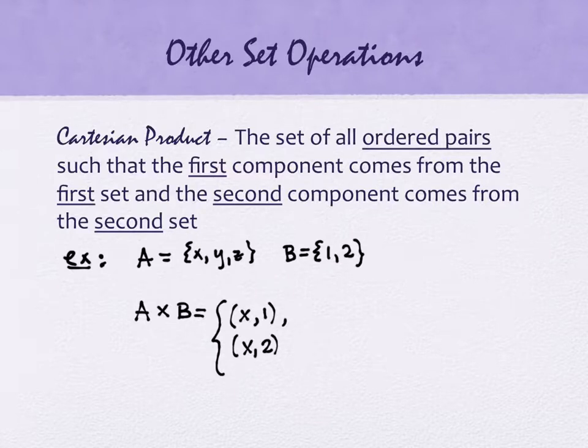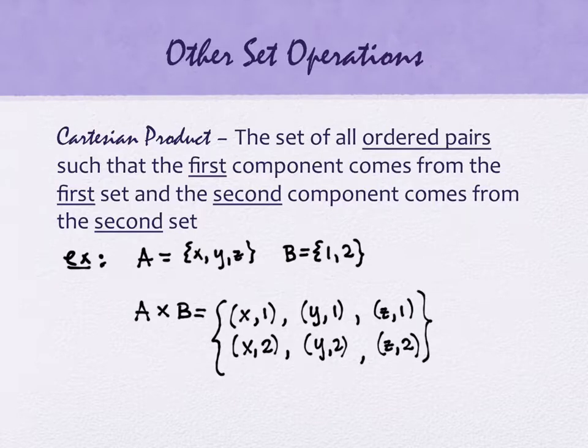What else would I have in my Cartesian product? Y1 and Y2. And what are my last ones? Z1 and Z2. Okay, so that's what they are. They're a collection of ordered pairs.